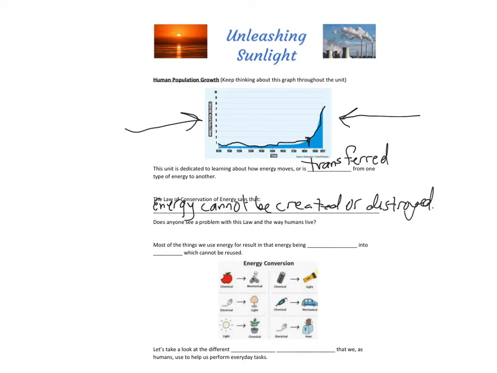So all of the energy that we have is all that we're ever going to get, and it's not going to go away. And even though that might sound like a great idea, hey, none of the energy that we have is ever going to be destroyed, right?